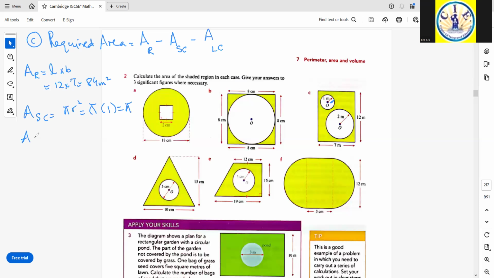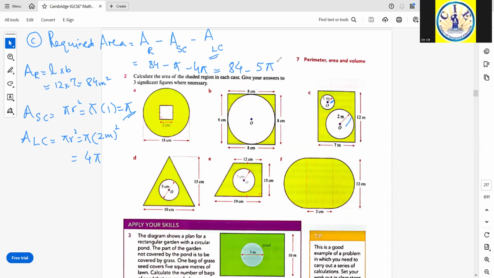So this will be equal to pi. And now area of the large circle. The larger circle is having a radius of 2 meters. So this will be 2 squared meters squared, that is 4 pi. So finally, the required area is area of the rectangle, that is 84, minus this one, minus this one, which is 4 pi. 84 minus 5 pi.